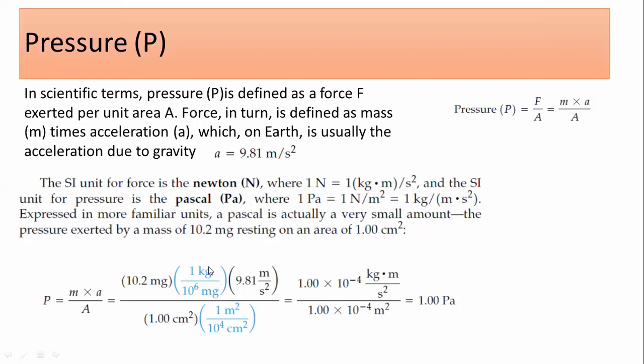This is actually what we call the unit cancellation method. This is the conversion factor you are going to use to convert the milligram into the kilogram. One question may be, why have I written 1 kilogram in the numerator and 10 exponent 6 milligram in the denominator? This is because I have to cancel out the milligram to get the value in kilogram.